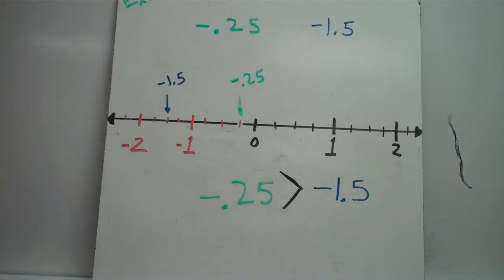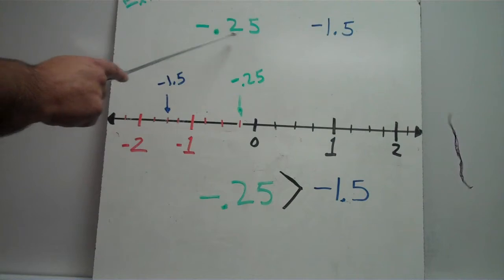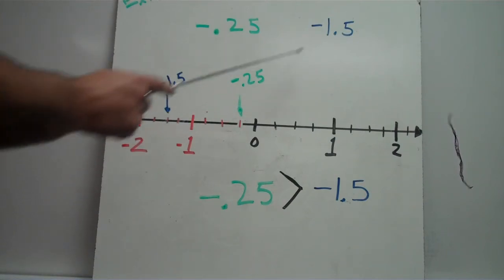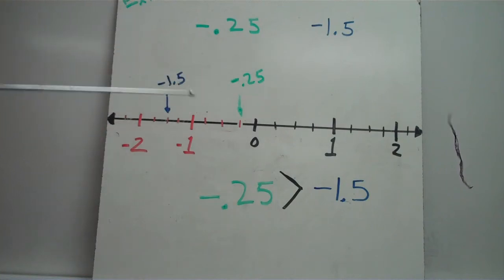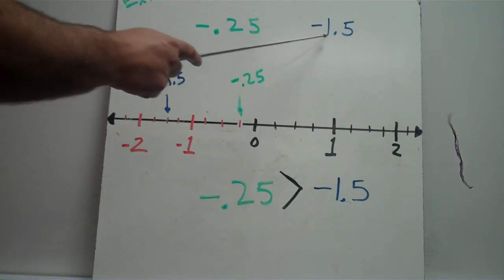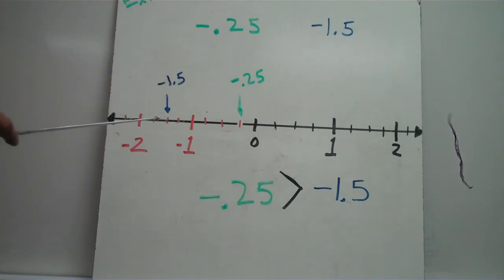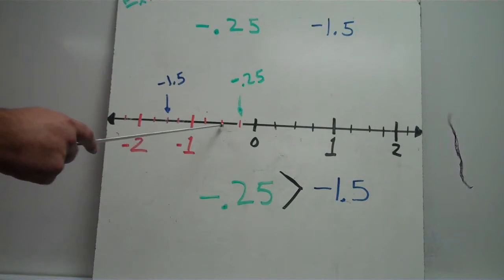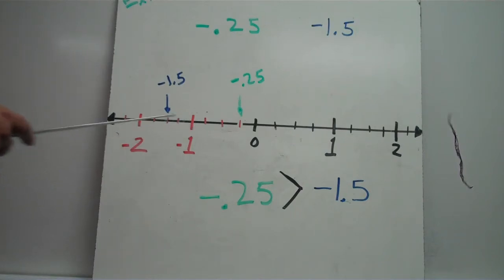If we're going to plot negative 25 hundredths on the number line, that's going to go right there. And if we're going to plot negative 1 5/10, we're going to need something a little further down the number line than negative 1. Negative 1 is here. I know we might be considering going over here, but we need something more than negative 1.